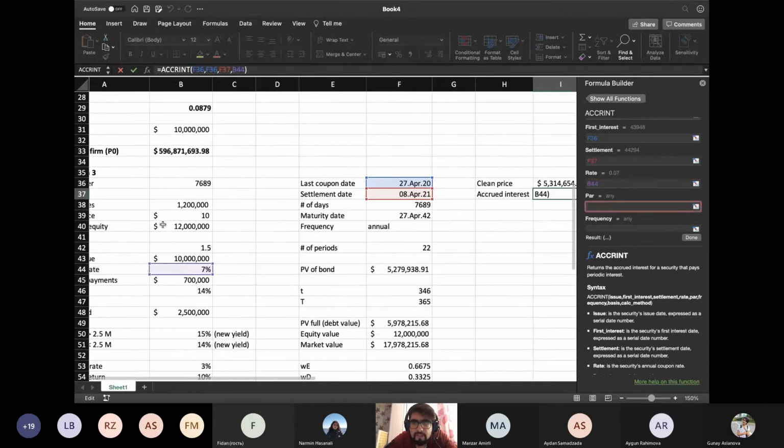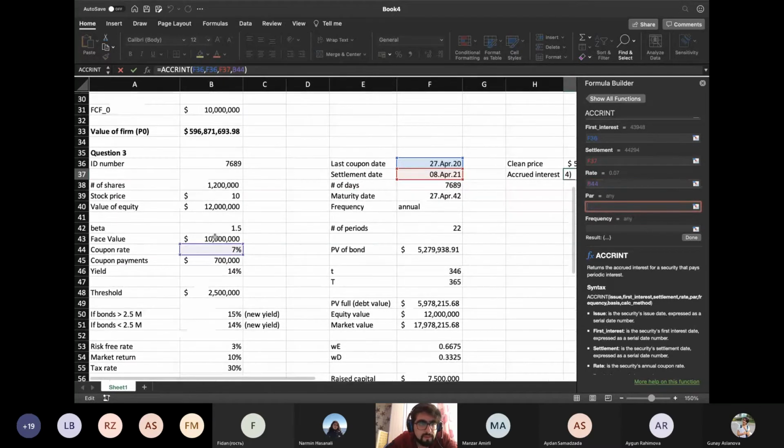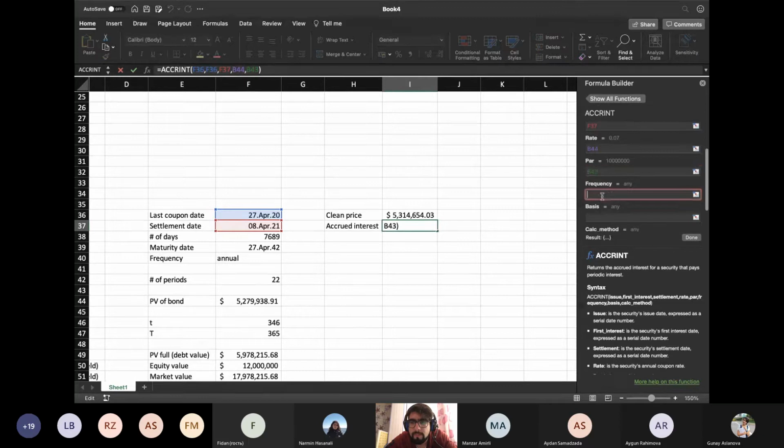In the accrued function you can take face value immediately because the accrued function recognizes all the face values. Frequency 1, basis 3.